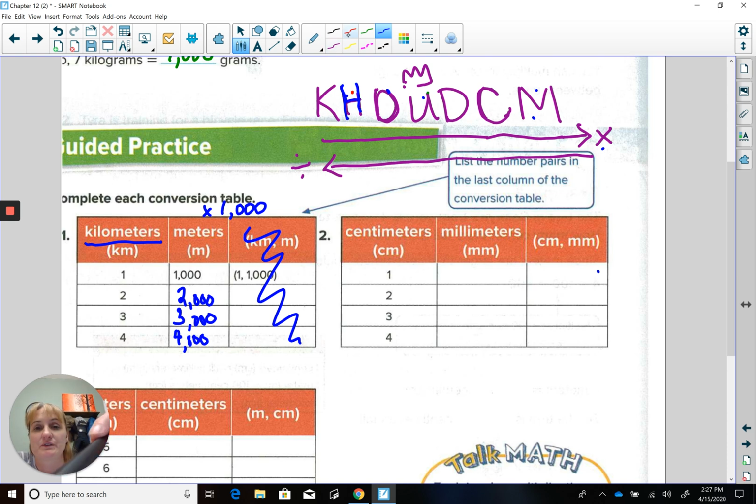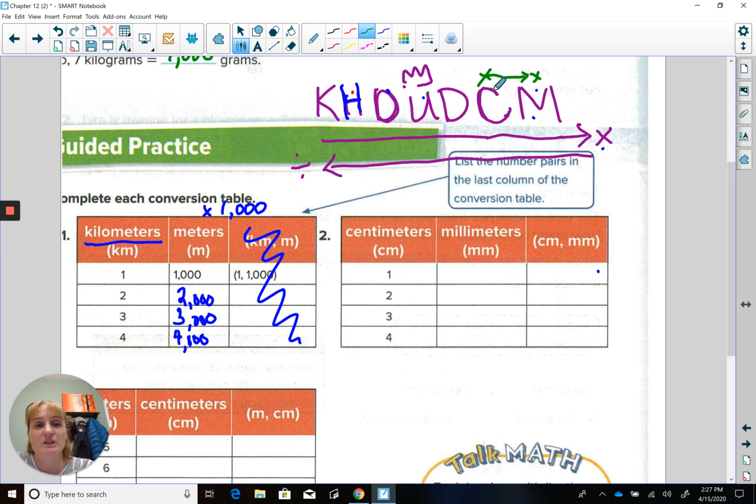Okay, so we look at this one. We're going centimeters right here to millimeters, which is right beside it. But we're going to start here and we're going to the right. So centimeters is our horse. So we're going horse to fly. We multiply because centimeters is our larger unit.